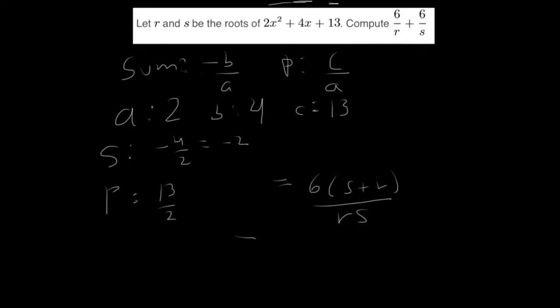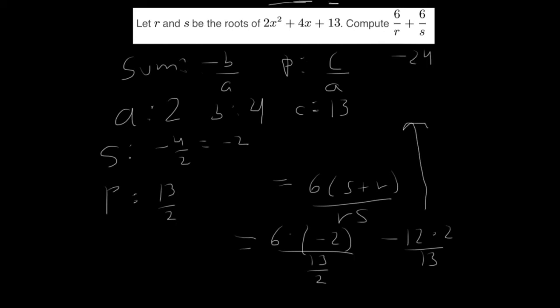Now if we plug these in here, we get 6 times the sum, which is negative 2, over 13 over 2, which is equal to negative 12 times 2 over 13, or negative 24 over 13. That's our answer.